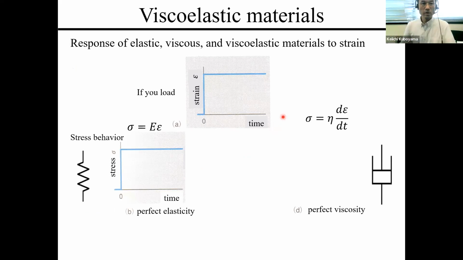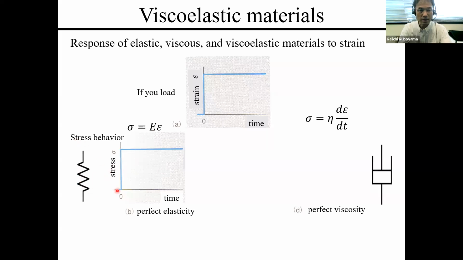And from here until here, I explained the behavior of elastic and viscous materials. Now let's think about viscoelastic materials from here. At first, please think about what happens if you load a constant strain to a perfectly elastic material.